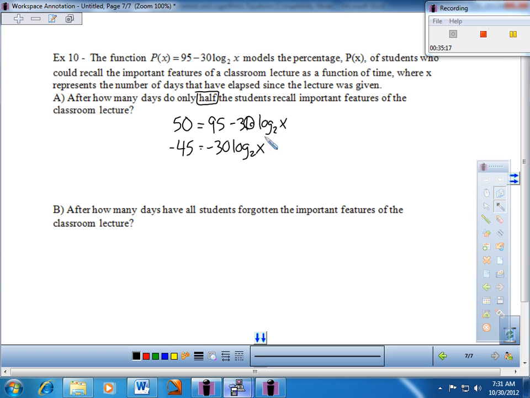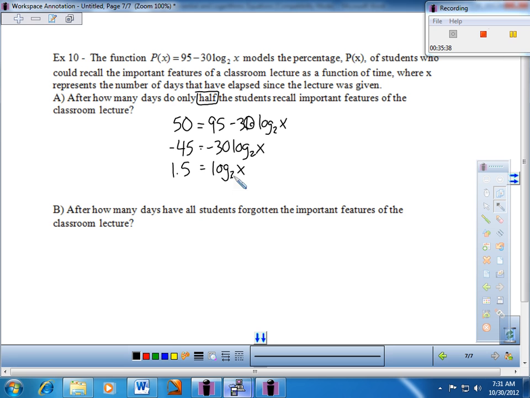So remember, before you think about any type of rollover, you either have to isolate the power or isolate the logarithm. And here, guys, I'm isolating the logarithm. I'm going to divide by negative 30. And by the way, negative 45 divided by negative 30 should be 1.5, and then log base 2 of x.